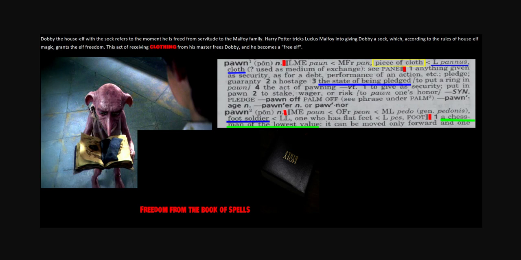Oh yeah, I should have known. MFR is Middle French. All right? And then we got Latin here. See the capital L, right? So remember, we're going back. See, and it takes you to clothes, a piece of clothing. See, remember now, this is the word pawn.